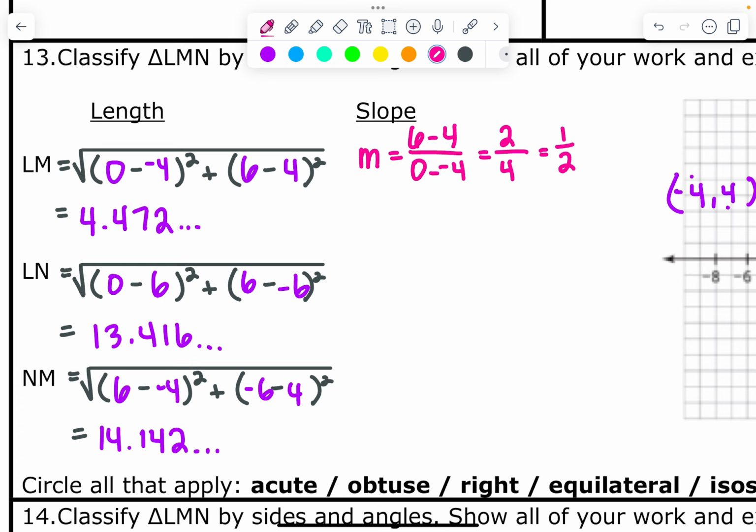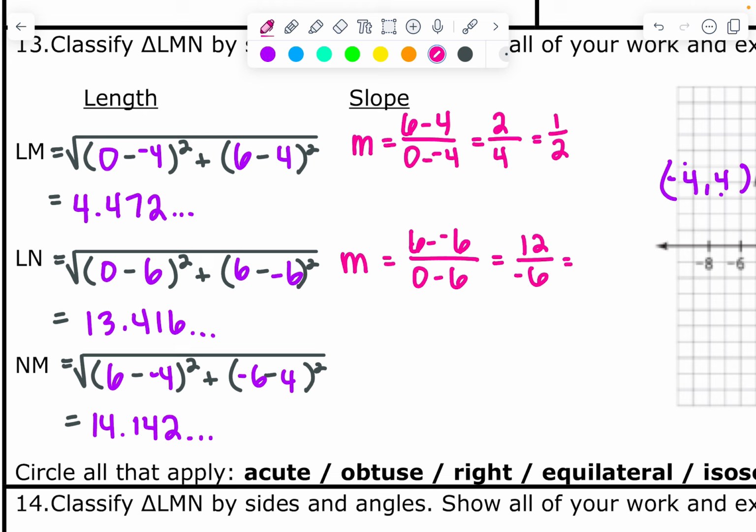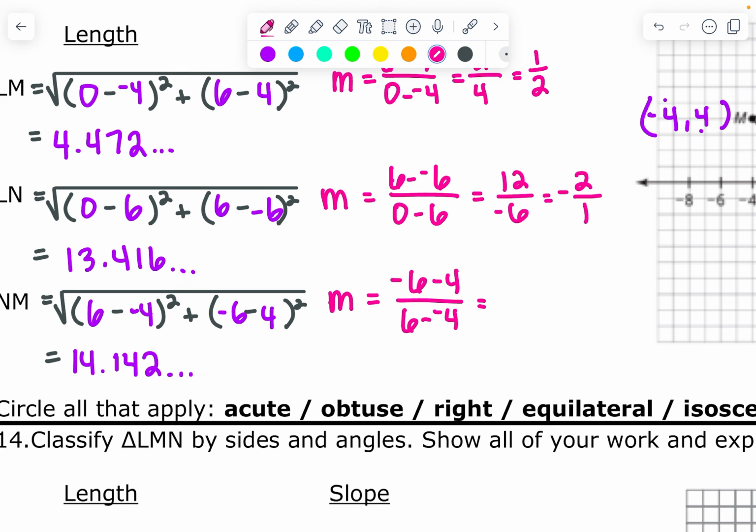The slope for LN would be 6 minus -6 over 0 minus 6. And that would be 12 over -6, which is -2 over 1. And for this last one, it's -6 minus 4 over 6 minus -4.